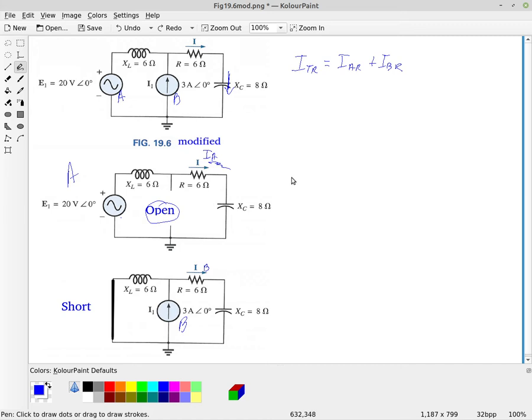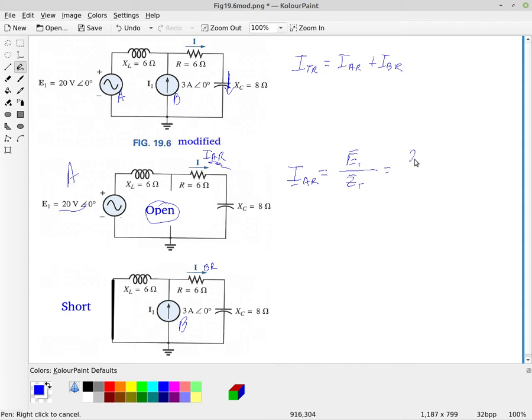And so we can say that the current, so I call that I_AR, is going to be simply my supply E1, and remember these are all phasors here, divided by the total impedance of this circuit, which is just these three in series.